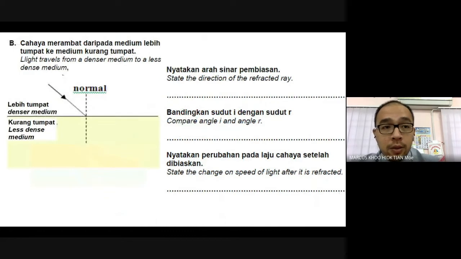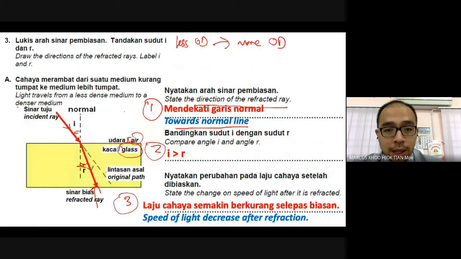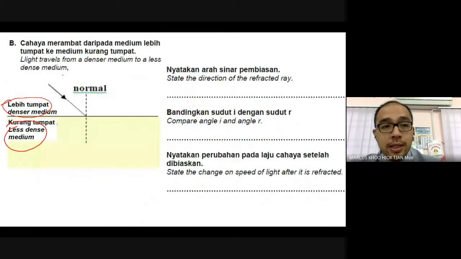Okay, the second one is the opposite. You're going from more optically dense to less optically dense. So if the less to more is towards the normal line, how would you say is the more to less? It will be the opposite lah. You will find that the angle of I over here and this angle of R, everything is terbalik.